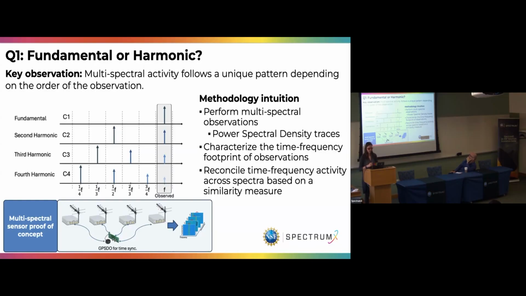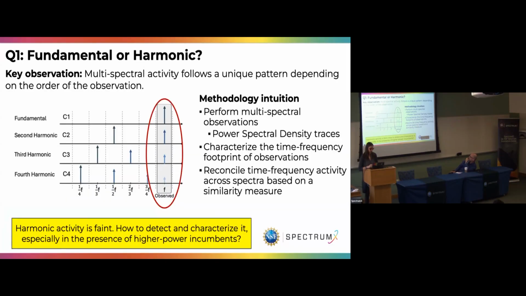In this project, we're focusing on using power spectrum density measurements. Then we would characterize the time-frequency footprint of individual observations across the spectra, and reconcile based on some similarity measure to determine whether things look alike and arise from the same fundamental activity.